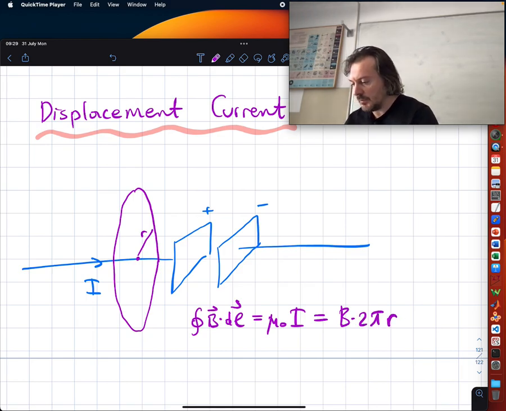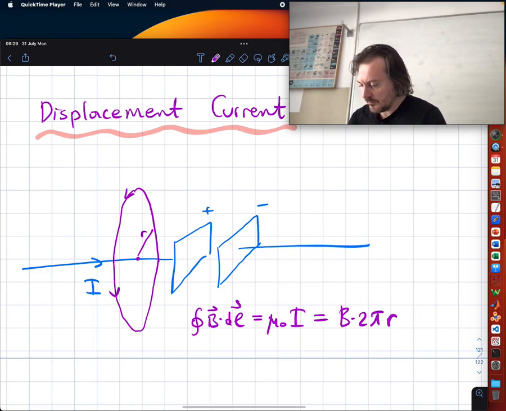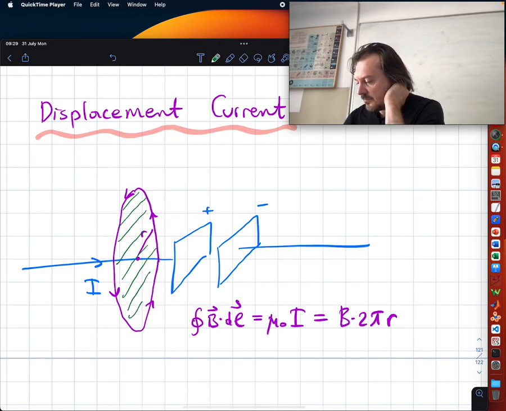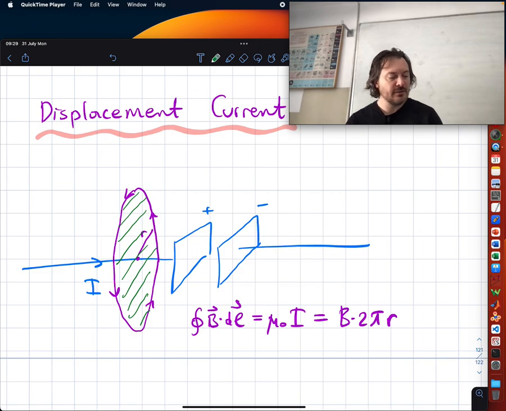And in this case, B will be pointing in this direction. Right? What I haven't told you is that when we are talking about this law, we are actually secretly talking about an area as well, an area generated by this loop, and we are counting all the currents going perpendicular to this area.